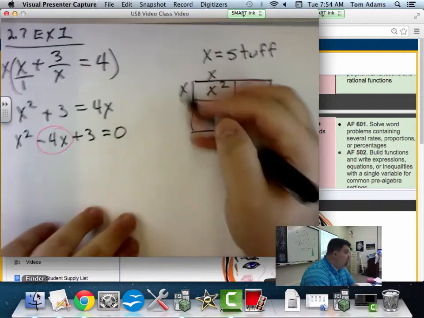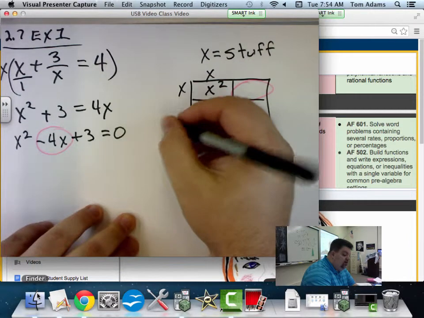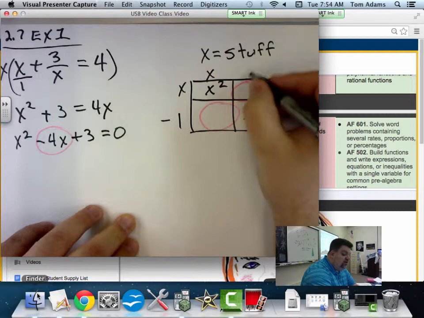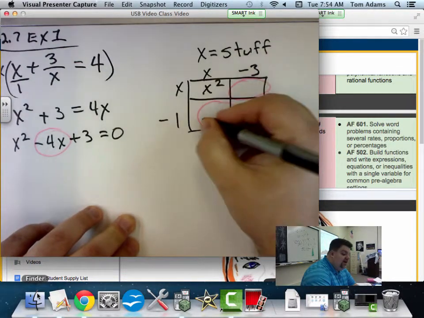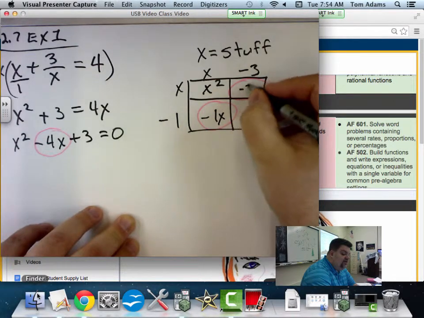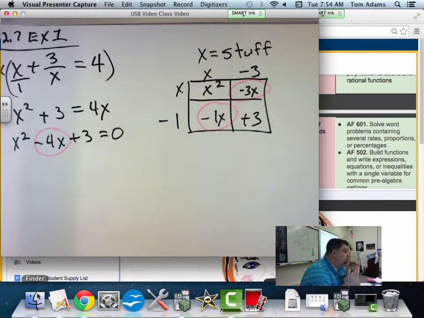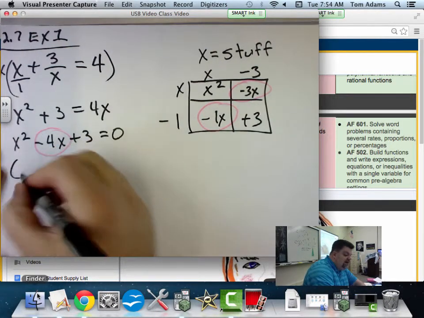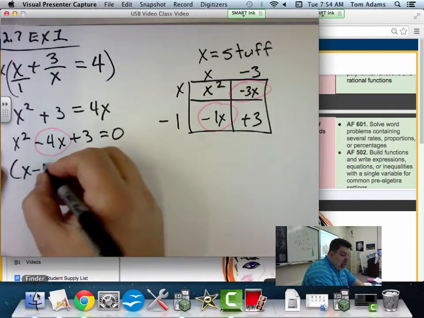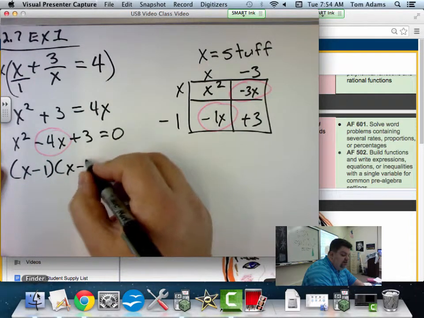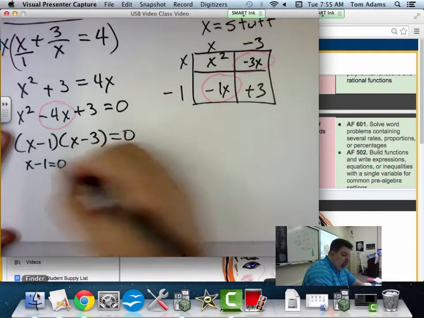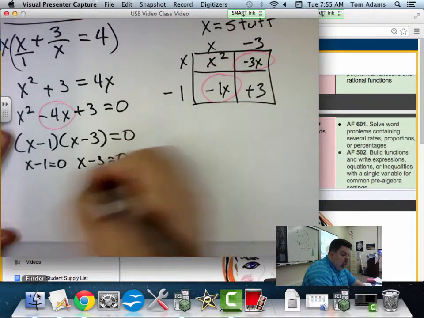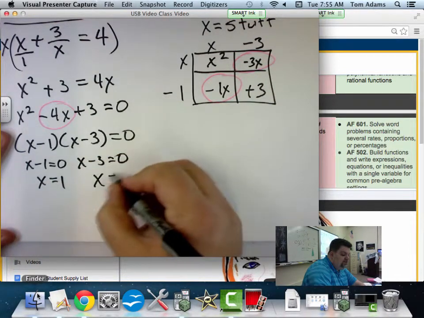Well, 3 is a prime number, so the factors are just 1 and 3, but if I make them both negative, I get the positive 3 here, and then I get negative 1x, and then negative 3x, okay? Does that make sense? So then this factors to x minus 1 times x minus 3 equals 0, so x minus 1 equals 0 or x minus 3 equals 0, so x equals 1 or x equals 3.